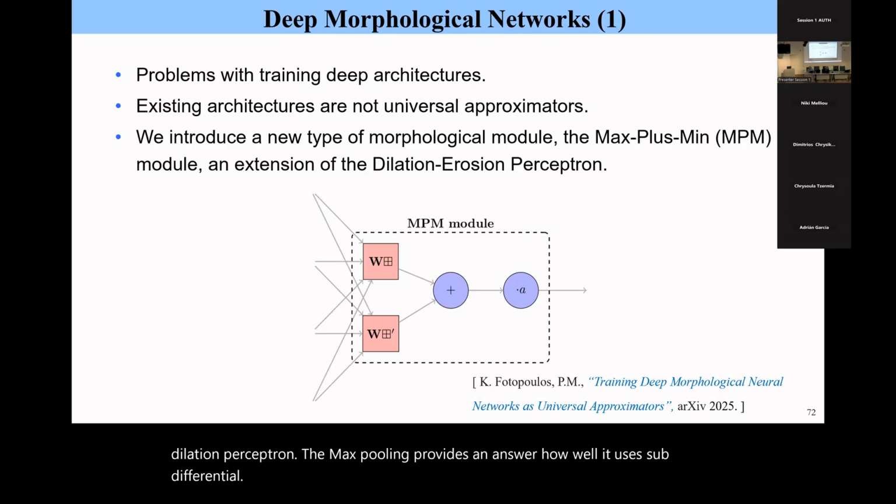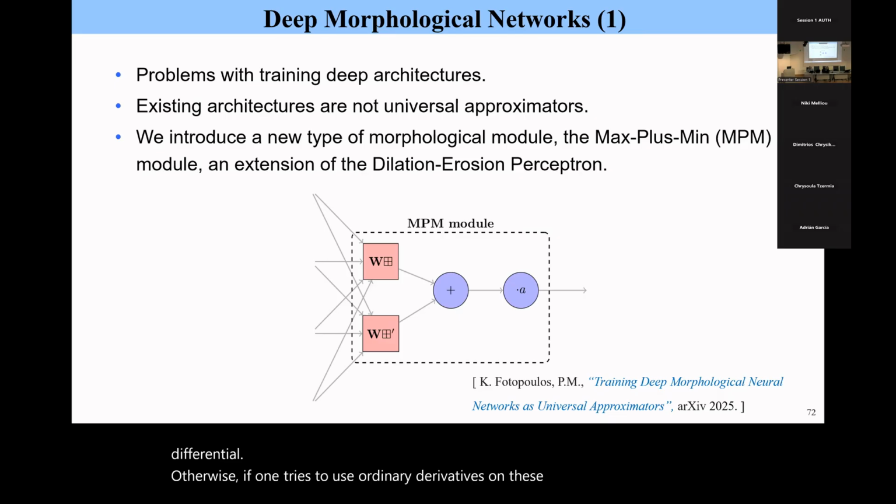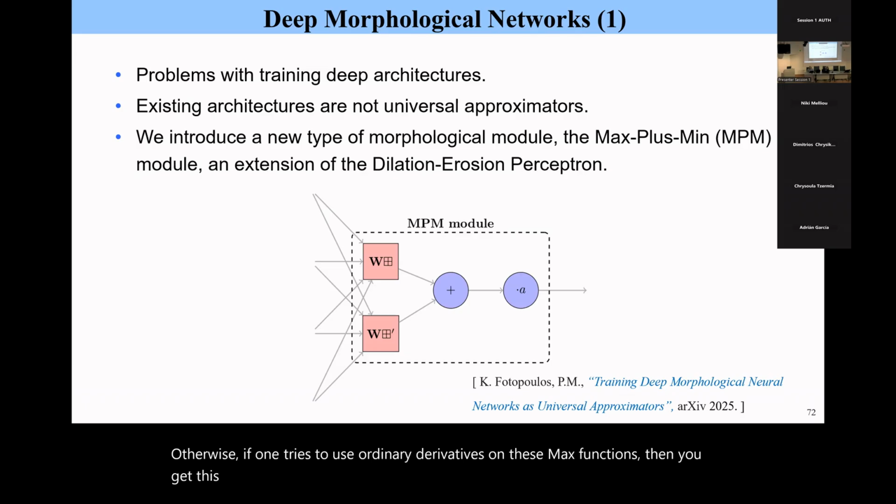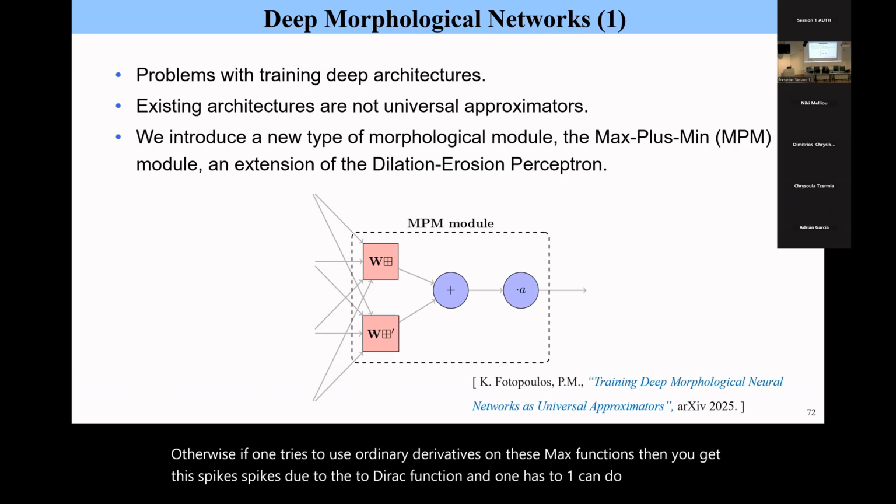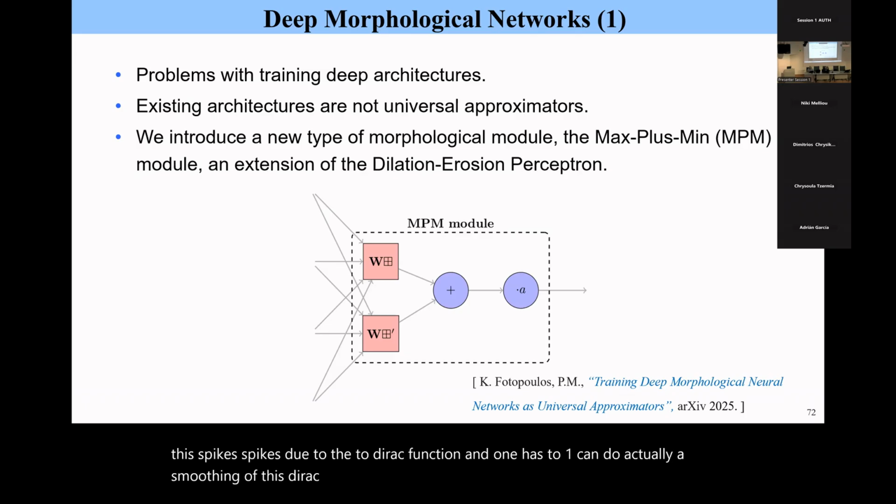Otherwise, if one tries to use ordinary derivatives on these max functions, then you get these spikes due to Dirac functions, and one can do a smoothing of this Dirac, but this takes time and effort.